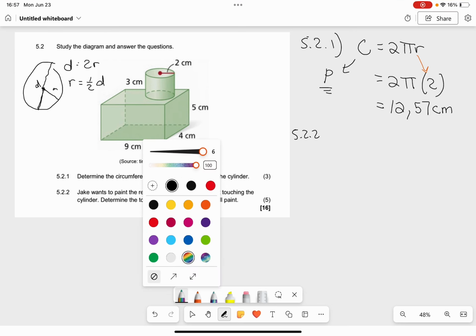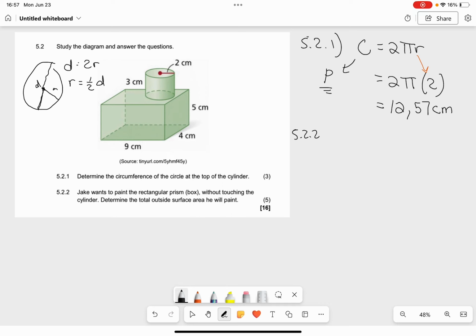What I want to say is this: I'm going to calculate the surface area of the box, but I'm going to minus the area of the bottom circle.